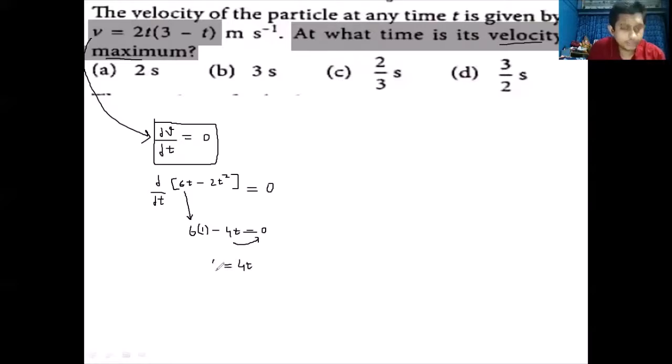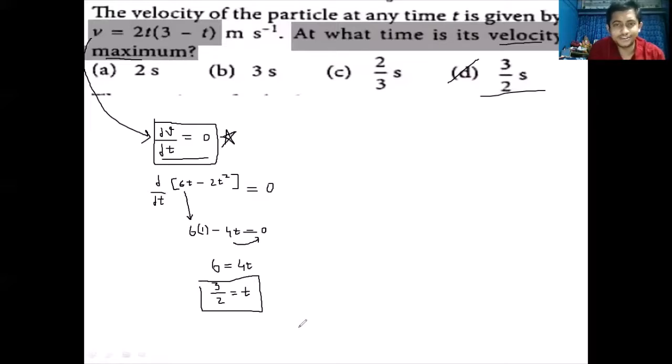If we divide both sides by 2, we get t equals 3 by 2, that is 1.5. The option is 3 by 2 only, so it is option D. This is the time when the velocity becomes maximum. Remember this condition: for a quantity to become maximum, its derivative should be equal to 0.